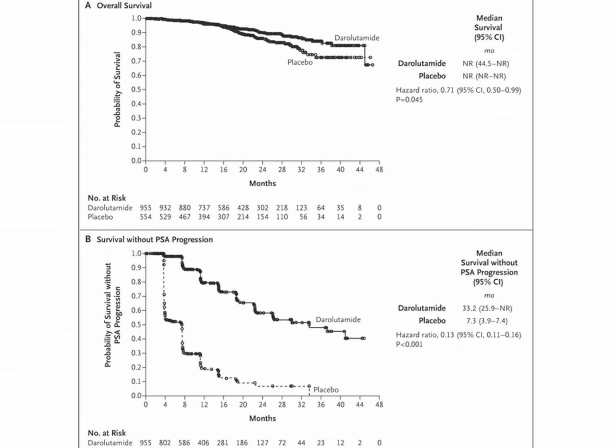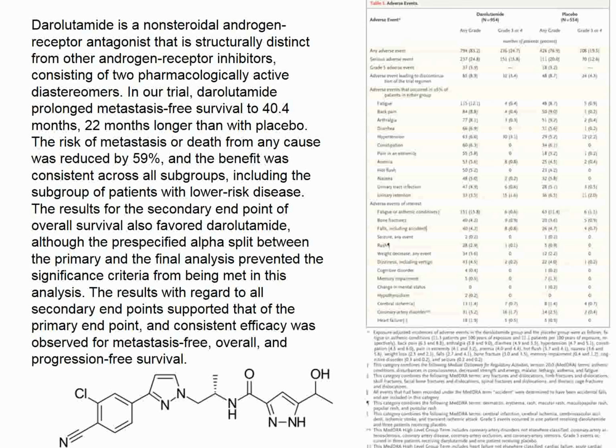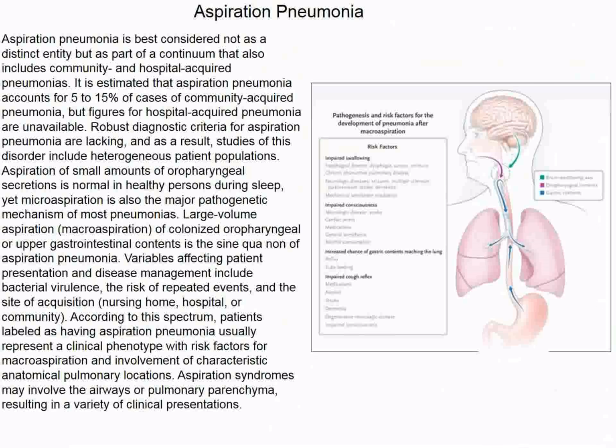And if we look at PSA progression, that certainly was impressively inhibited by darolutamide compared to placebo, and even median survival, albeit fairly modest, was better in the darolutamide group compared to placebo. So darolutamide, as you can see from the structure, is a non-steroidal androgen receptor antagonist that results in downregulation of the receptor, and it seems to offer these patients an additional advantage.